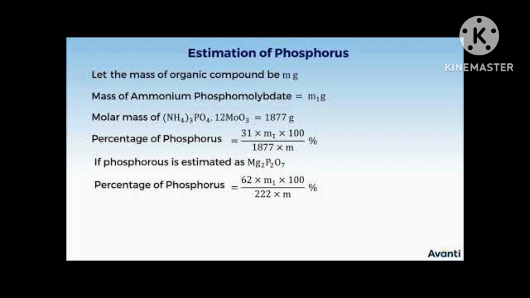Now 233 gram barium sulfate contains 32 gram sulfur. Then 1 gram barium sulfate, 32 by 233. In the question, 0.157 is the organic compound weight.